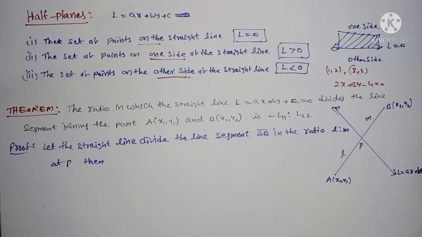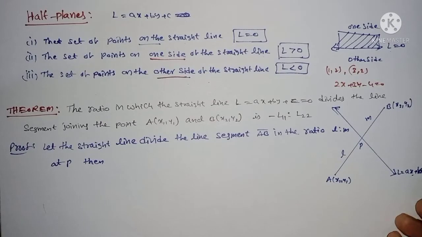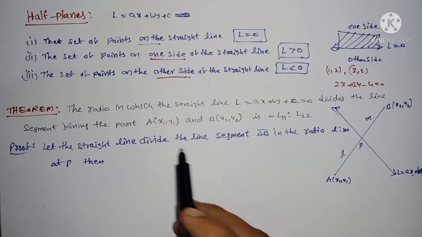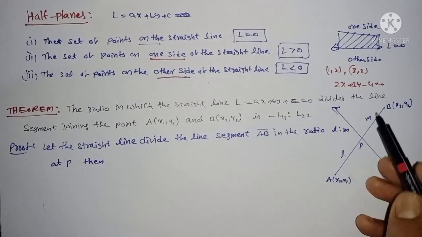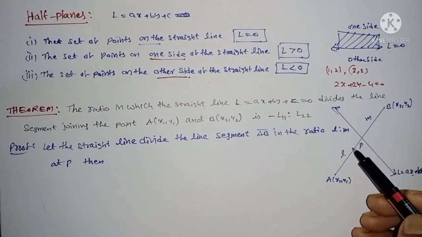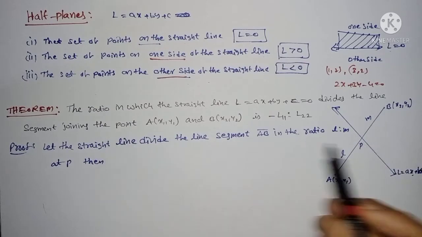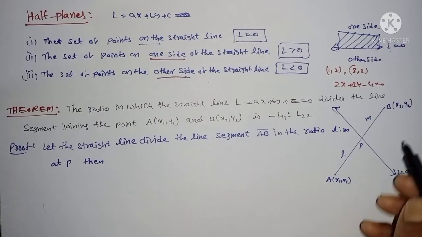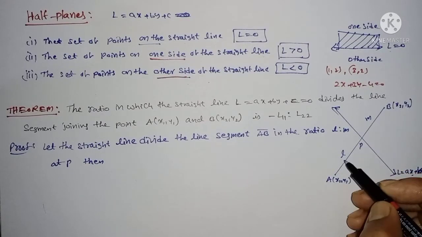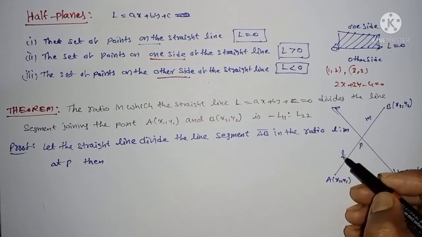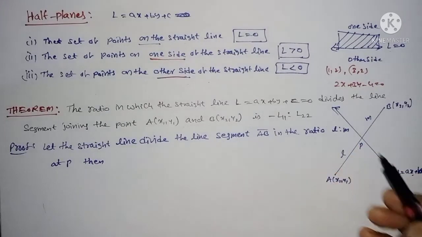Listen, the proof: take the line L equal to ax plus by plus c equal to 0, which divides the segment in the ratio l is to m. A is x1 comma y1 and B is x2 comma y2, and I am assuming the ratio is l is to m. Let the straight line divide the line segment AB.